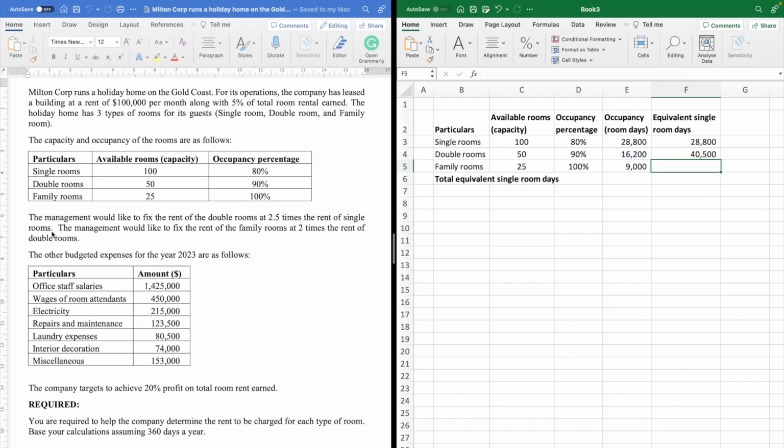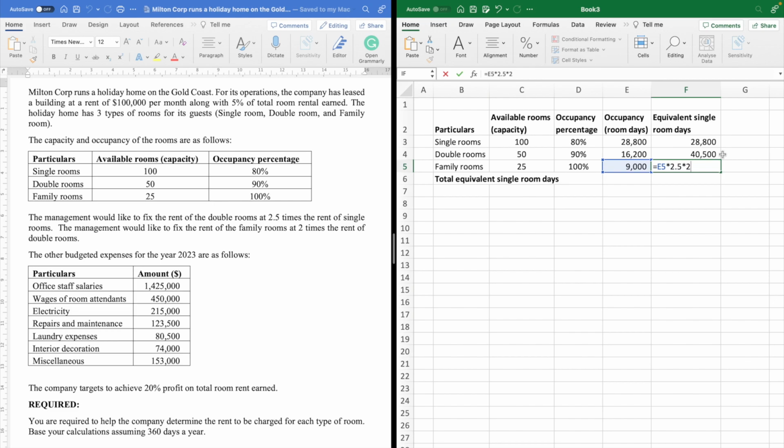We are also told that the management would like to fix the rent of the family rooms at 2 times the rent of the double rooms. In order to convert the family rooms into equivalent single room days, we have to multiply it by 2.5 times 2. The reason is double rooms are charged 2.5 times the single rooms, and family rooms are charged 2 times the double rooms.